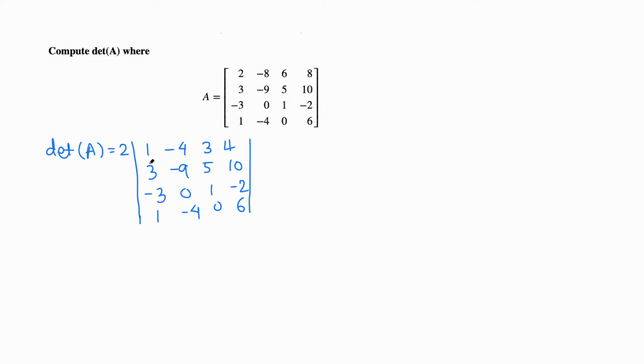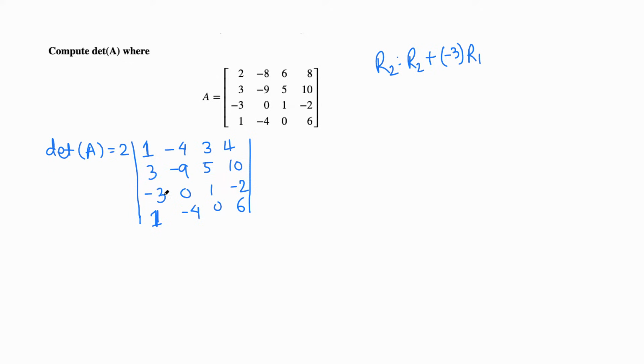Okay, now let's make this 0 using this pivot element, and let's make this 0 as well. We are working on R2, so R2 plus some multiple of R1. This is 3, so we can multiply R1 by -3. That's for making this 0.